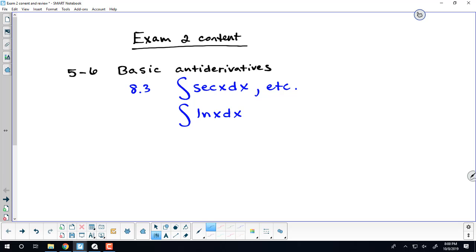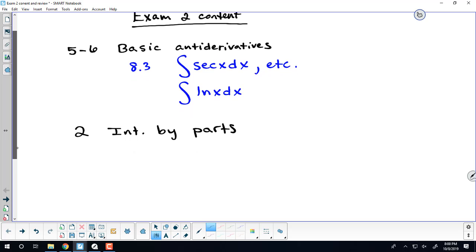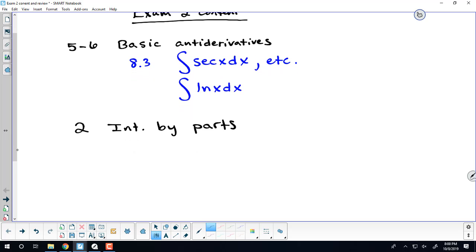There's going to be 2 integration by parts, one definite and one indefinite.